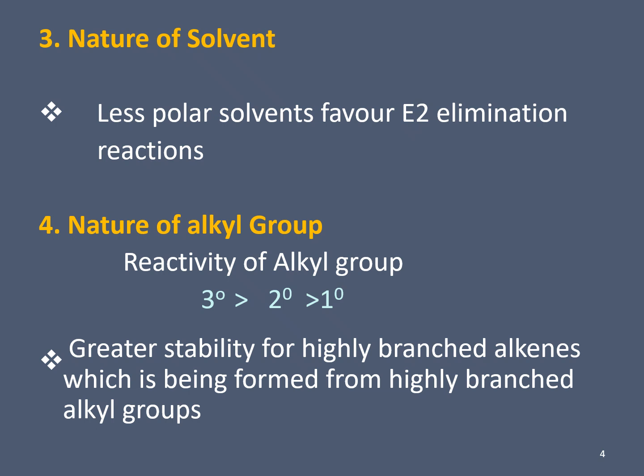So these reactions are favored if there is a possibility of highly branched alkene formation, and this will be formed if we use an alkyl group with high branching. That means there is more branching for a tertiary alkyl group, and that's why if the alkyl group which we are using is tertiary, then the reaction will be faster because the stability of the highly branched alkene is more.